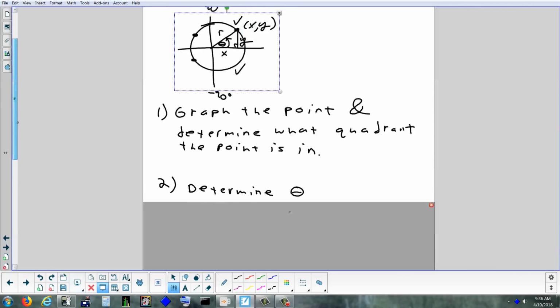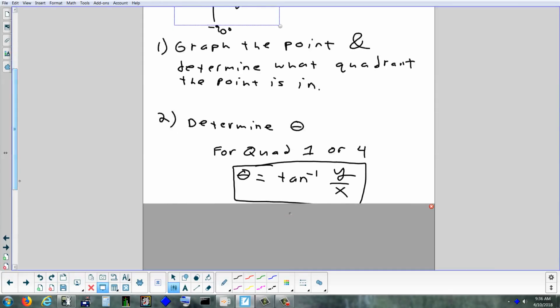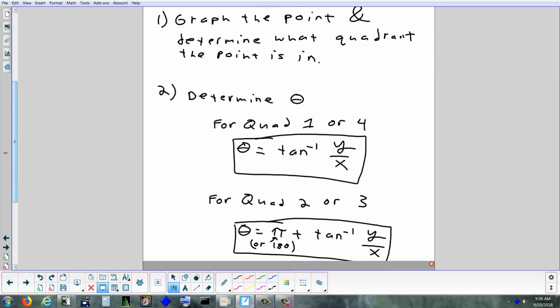So we already talked about how to determine theta. You're going to use inverse tangent of y over x. But the problem is, inverse tangent will only give you an answer between negative 90 and 90. So how do you adjust it if you want to be in quadrants 2 and 3? All you have to do is add pi, or 180.